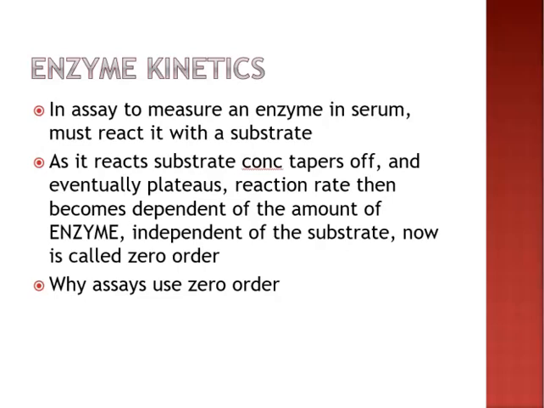So thinking about enzyme kinetics, in an assay to measure an enzyme in serum, we must react it with a substrate. As it reacts with the substrate concentration, it tapers off and eventually plateaus. The reaction rate then becomes dependent on the amount of enzyme, independent of the substrate. Now it's called the zero order, and that's why the assay uses the zero order.